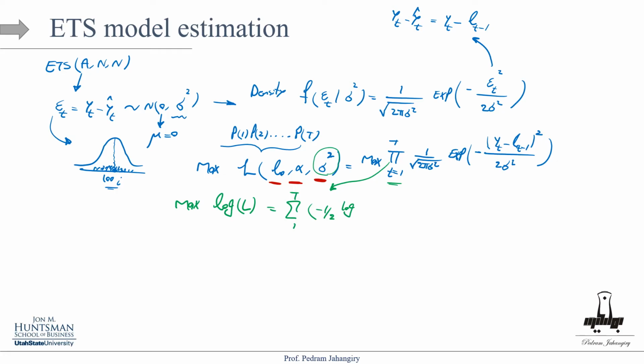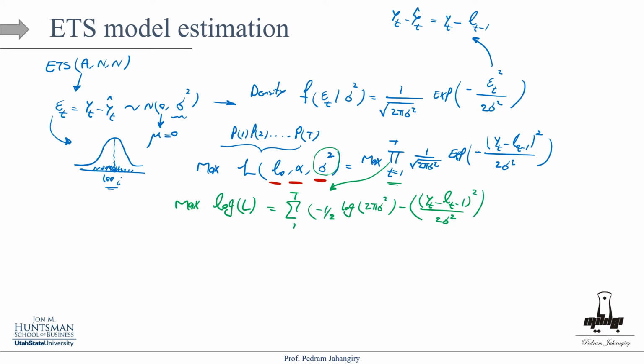So this is going to be taking log from both sides: log of 2 pi sigma squared, and then minus, again, log of e to the power of something is that something. So basically I have here (y_t minus l_{t-1}) over 2 sigma squared. Oops, yeah, the numerator needs to be to the power of 2.